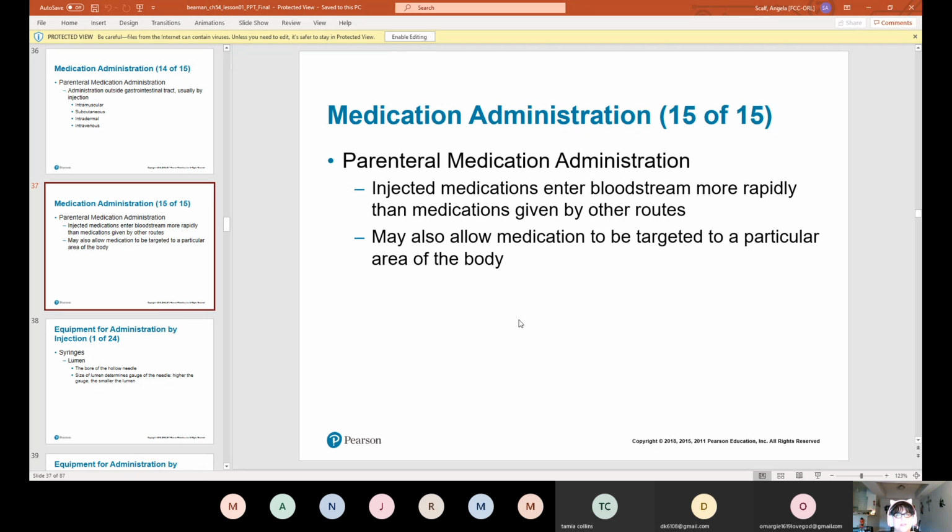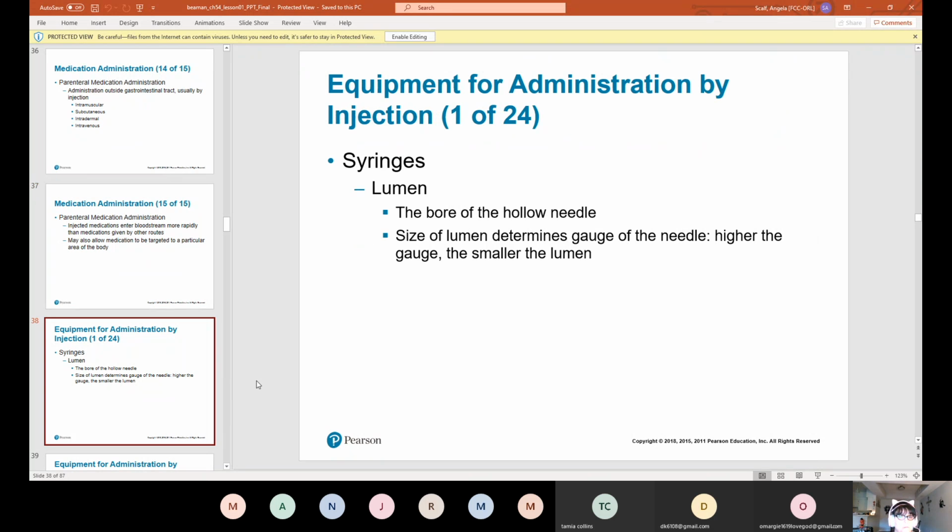Medications that target an area directly like that are given by doctors because of the precision and the pain level. It's not something we as MAs normally do. But we do administer lots of intramuscular and subcutaneous and even intradermal injections.